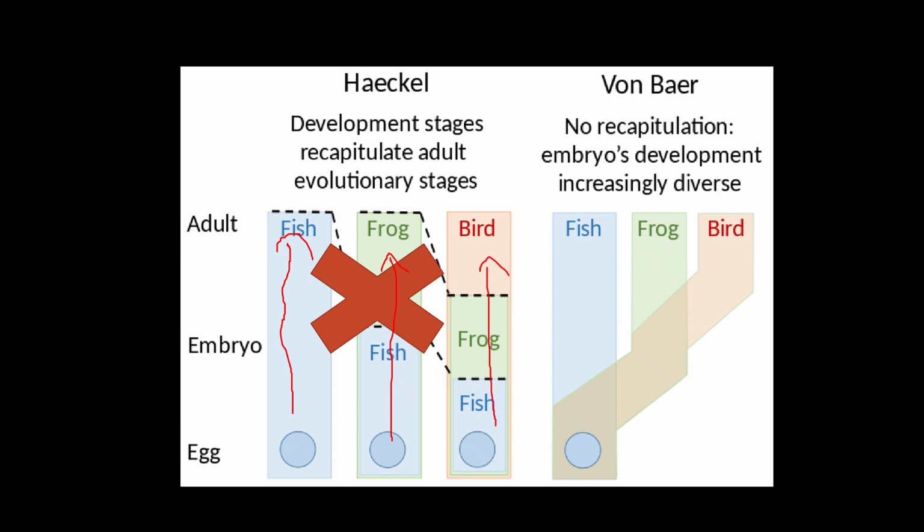What we have seen is that this is an example where there is no recapitulation, where the embryo's development is increasingly diverse. You can sometimes repeat something that happened in some stages, but the neural plate can be formed in different ways. Fish, frogs, and birds are going to make it in different ways. I'm just showing you important pieces to show you processes that are happening, but ontogeny doesn't recapitulate evolution.